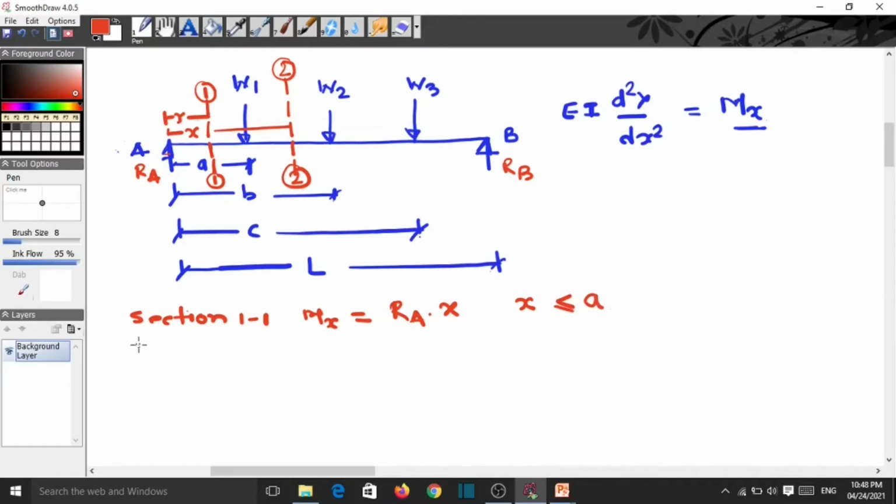Now for section 2-2, again Mx is equal to RA into x, then the remaining is the W1 load. For W1 we want this distance.